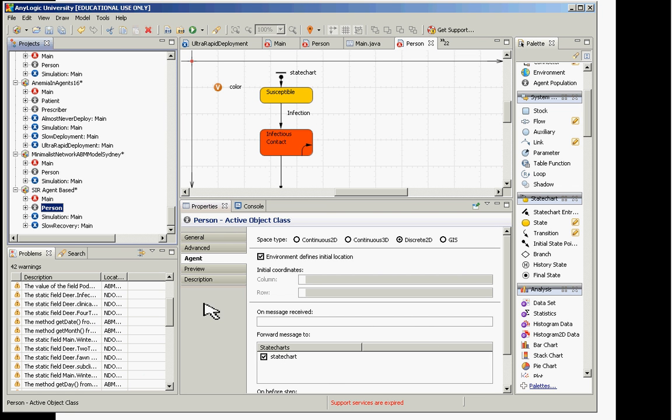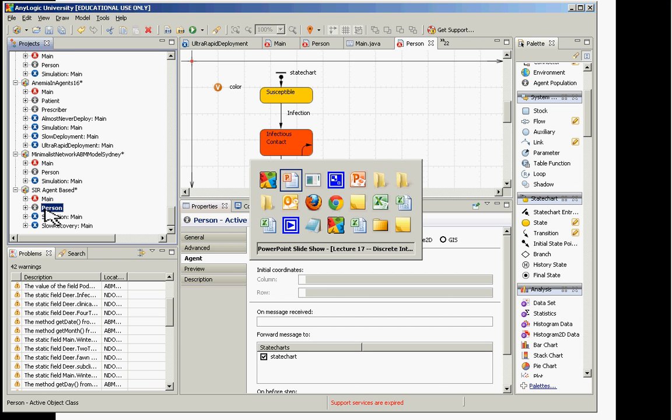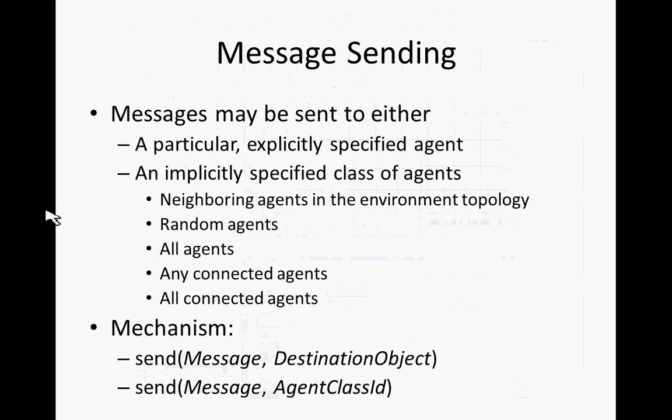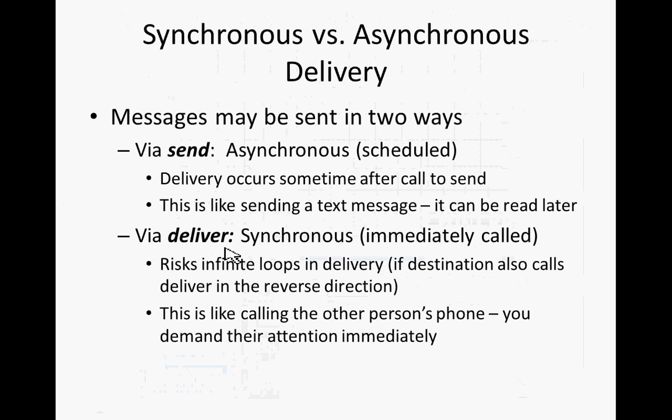Let's talk a little bit more about messages. We've noted that they can be sent to an explicitly specified agent or an implicit class of agents, and I list them here. They each have a Java name associated with them. Normally we send with send, like doing here. Occasionally we'll do it with deliver.